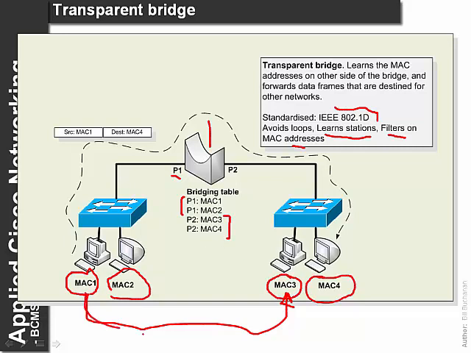When this machine wants to send a data frame to this machine, it sends its destination MAC address, which it should have already discovered through an ARP request. So the data frame is sent, and the bridge picks up the data frame and forwards it to the next port, doesn't change any of the details of the data frame, and then forwards that directly.